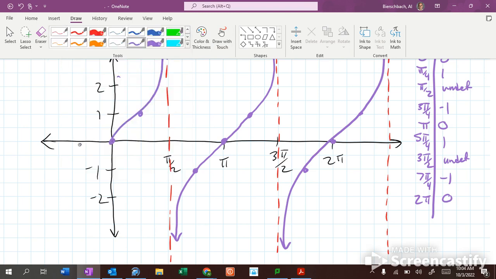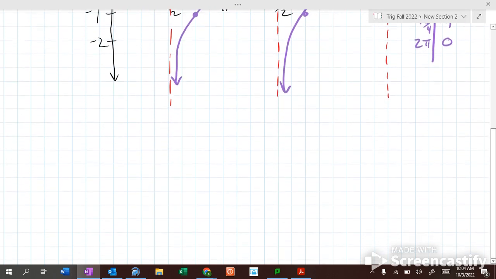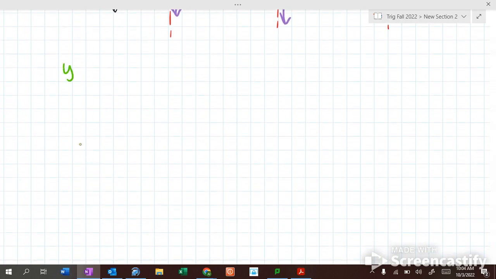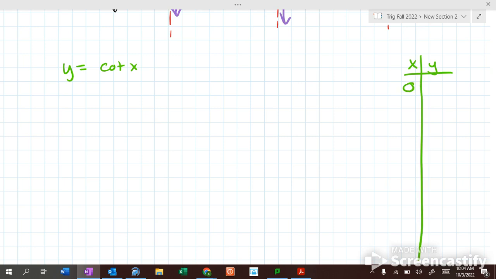Change color here. I'll go green. So now let's look at the y equals cotangent of x curve. What's the cotangent at 0? So what is x over y at 0? Undefined. Pi over 4. 1.